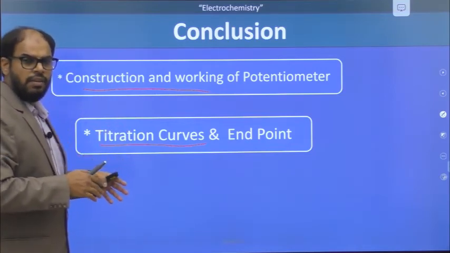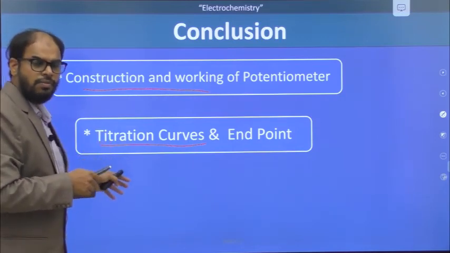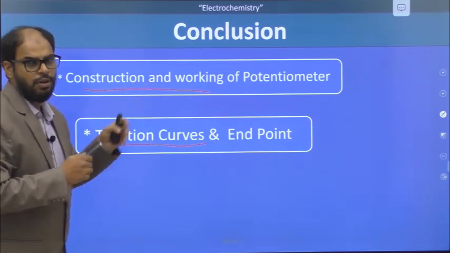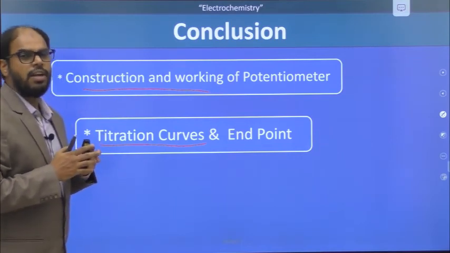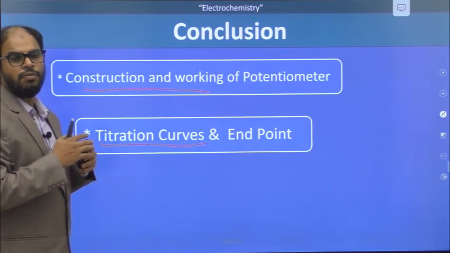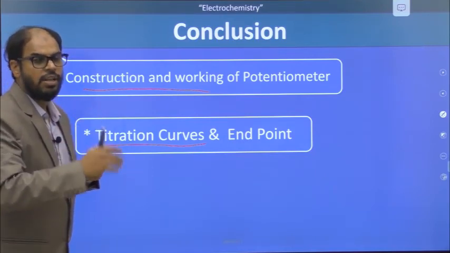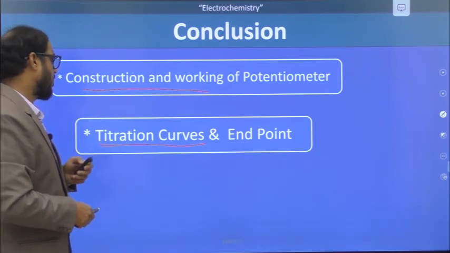This will give the end point or the equivalence point, and the equivalence point is the jump of the potential at a particular volume. If we are interested to find the precise equivalence point, we can go for a first order derivative titration curve or second order derivative titration curve.